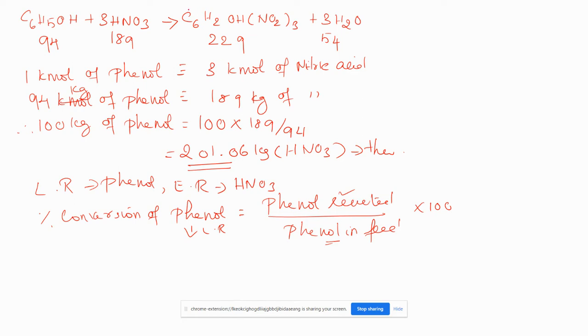For that, we should write the relationship between picric acid and phenol. We know how much amount of picric acid is produced, so we should write the relationship between picric acid and phenol, means out of 100 kgs of phenol, how much is reacted, we will be coming to know. So 1:1 relationship.